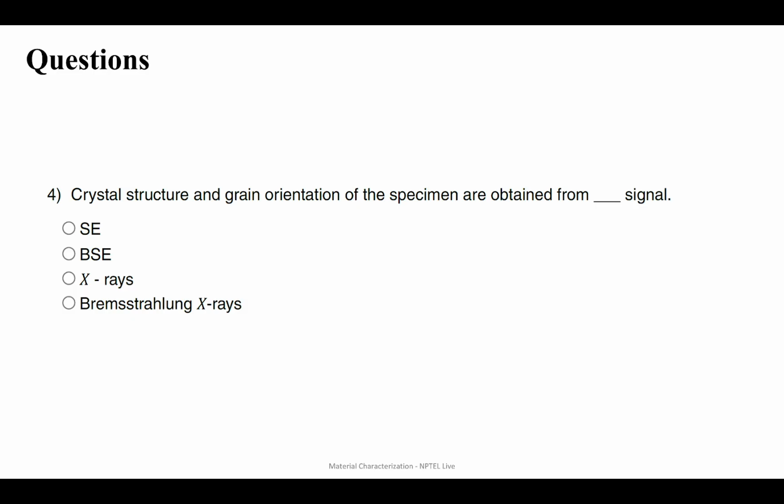Crystal structure and grain orientation of the specimen are obtained from dash signal: SE, BSE, X-rays, Bremsstrahlung X-rays.